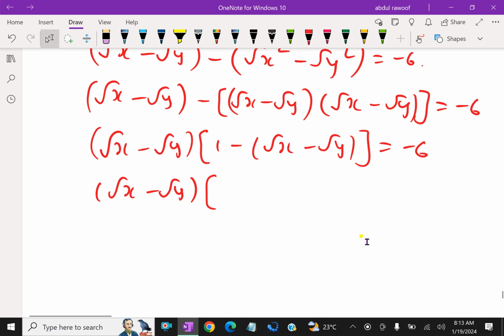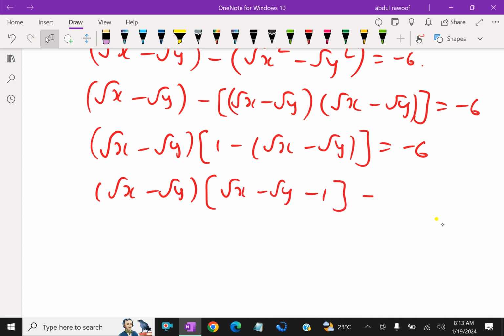I multiply by minus 1 throughout. Regarding that, I change this one: I write root x minus root y, then root x plus root y minus 1, and minus 6 into minus 1 is 6. I interchange this because of the multiplication with minus 1, so on both sides minus 6 becomes 6.